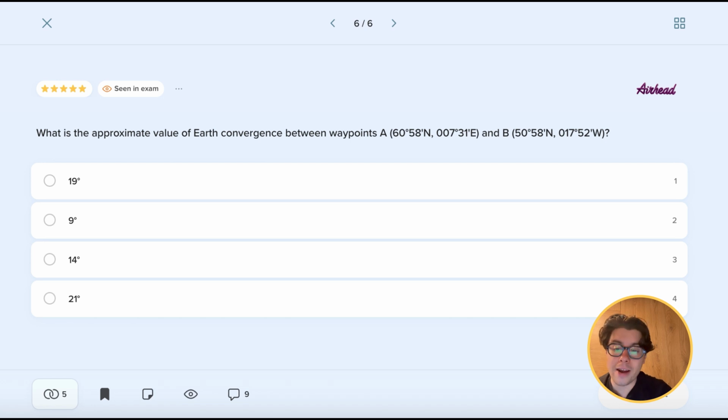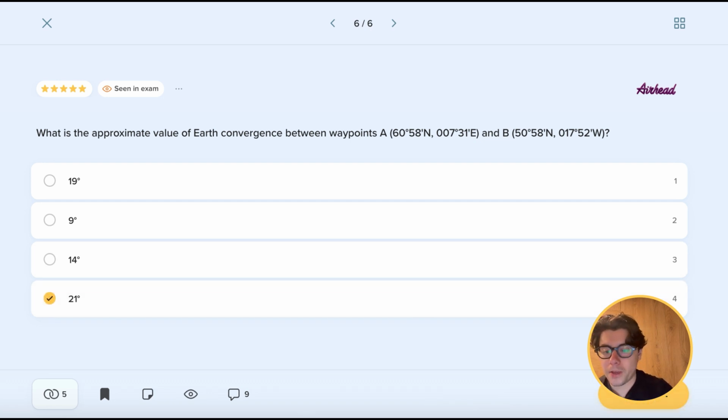Then we take the sine of this and we multiply this by the change in longitude, which will be about 25 degrees and 23 minutes. If you make the calculations, so 25 degrees, 23 minutes times sine of 55 degrees, 58 minutes, you will get the answer of 21 degrees and 2 minutes approximately.